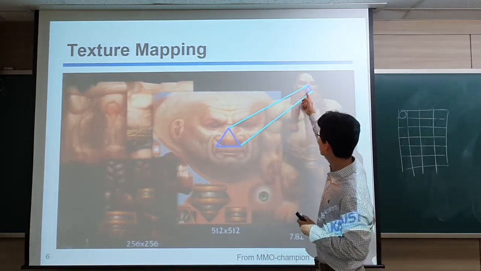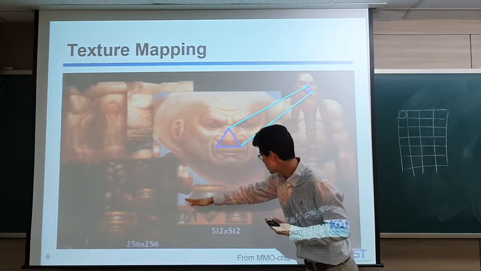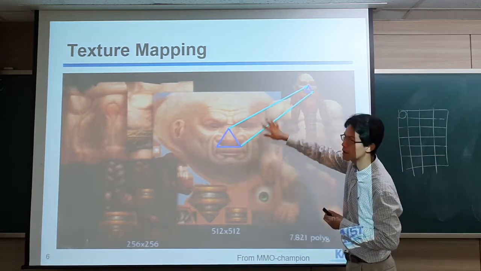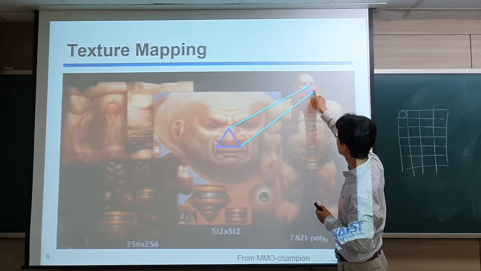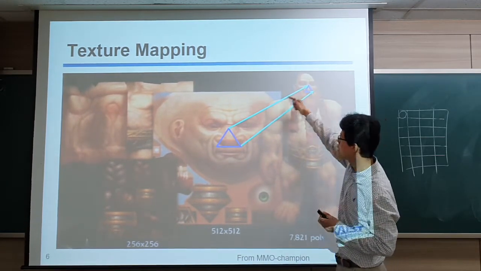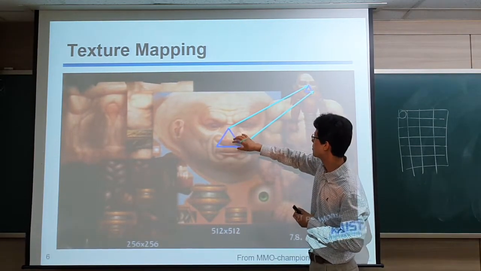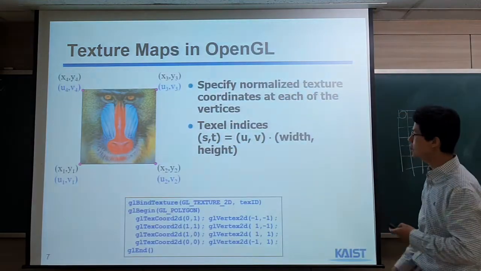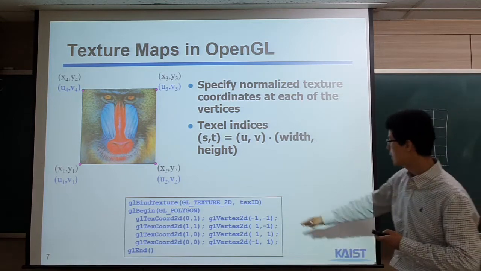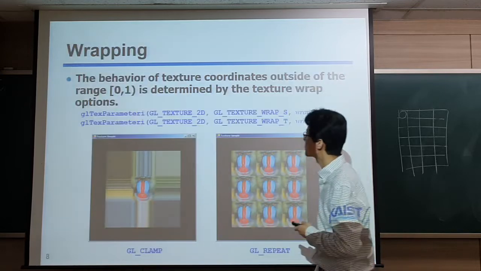For example, I want to use 0.5 and 0.5 along S and T. Since we set up this link, for a particular location in the triangle, we can know which texel is mapped there. So here we are constructing the mapping between the coordinate of the vertex and the texture coordinate.